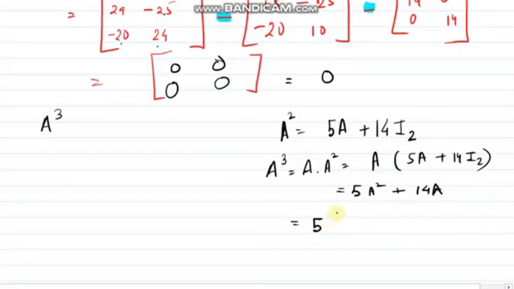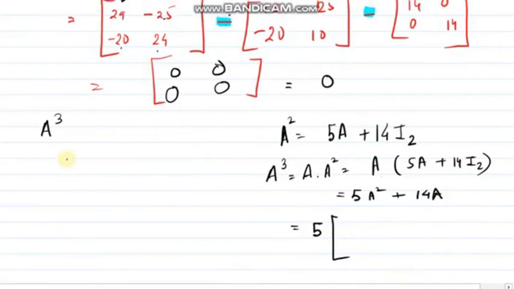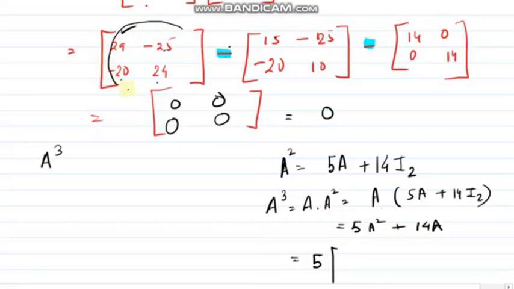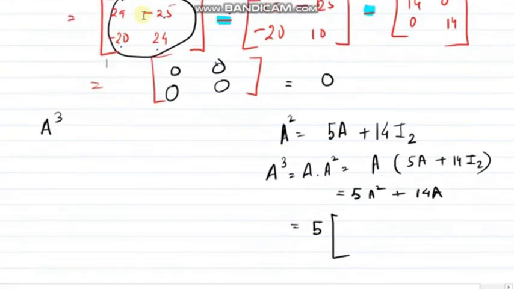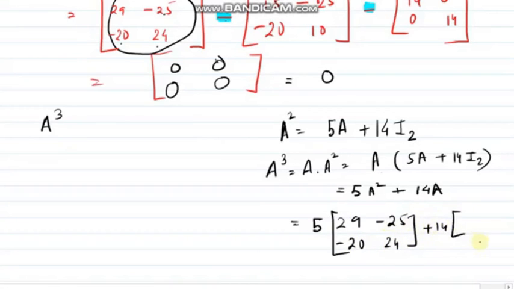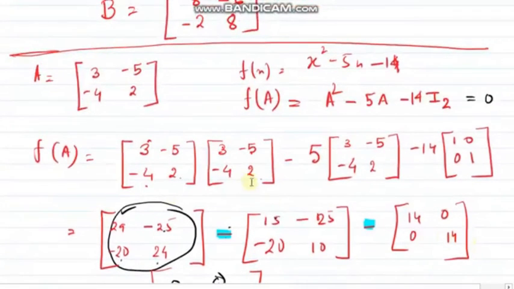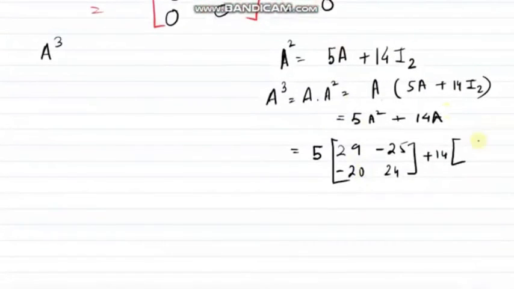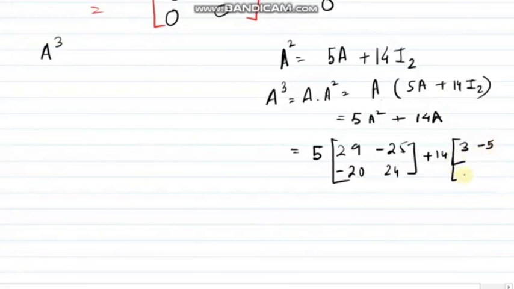Now, I know my A squared. What was my A squared? Just check. This was my A squared, right? So if I put that value of A squared here, A squared is equal to [29, -25; -20, 24] and 14A. What was my A? If I go back, A is [3, -5; -4, 2]. So A is 3, minus 5, minus 4 and 2, right?